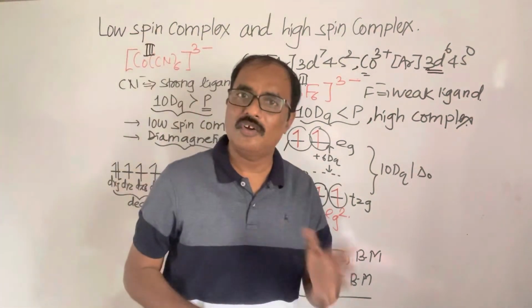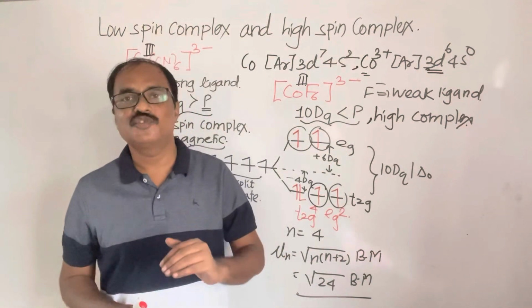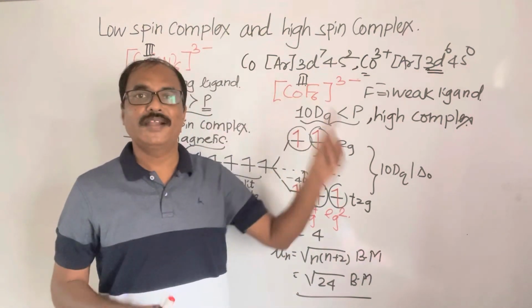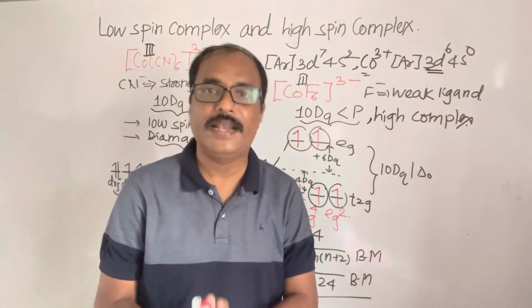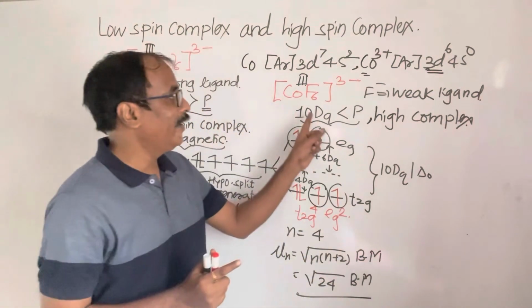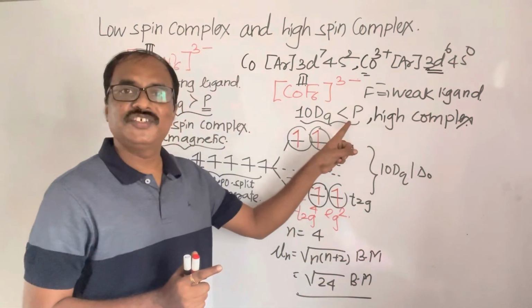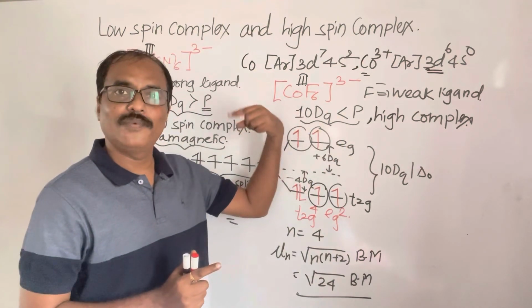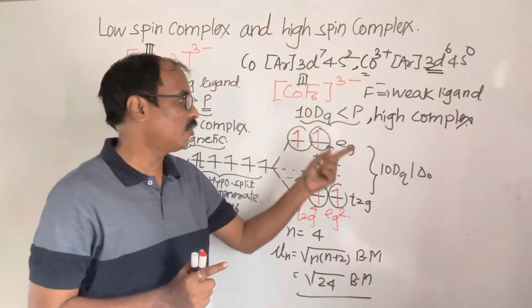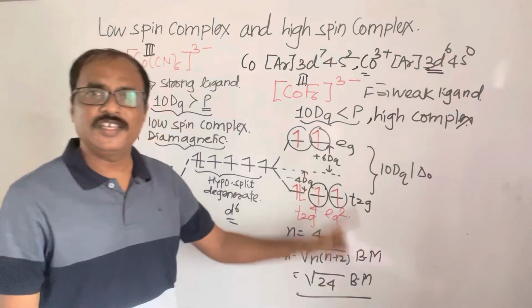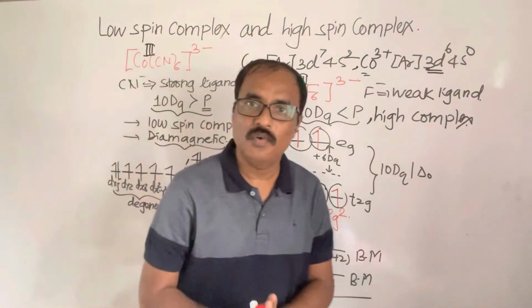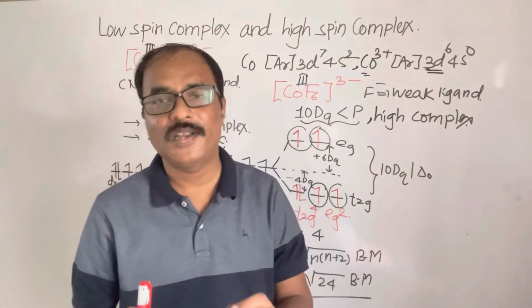When there is attack of strong ligands, formation of low spin complex. In second example, that is attack of weak ligands. So 10 Dq is less than that of P and pairing energy यहाँ पे ज़्यादा है. So fourth electron will enter in higher energy level atomic orbital eg. That is why this is high spin complex. So this is difference about low spin complex and high spin complex.